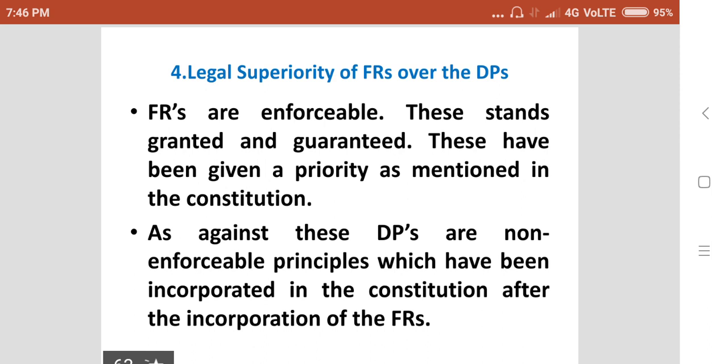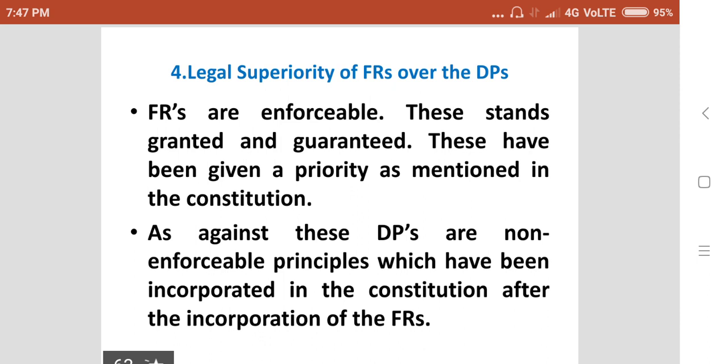Fourth difference, legal superiority of fundamental rights over the directive principles. Fundamental rights are enforceable. These stand granted and guaranteed. These have been given a priority as mentioned in the Constitution.